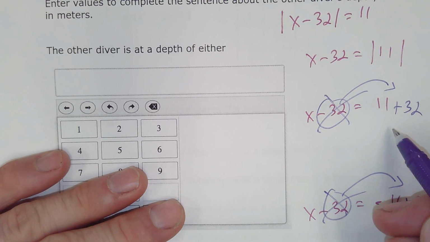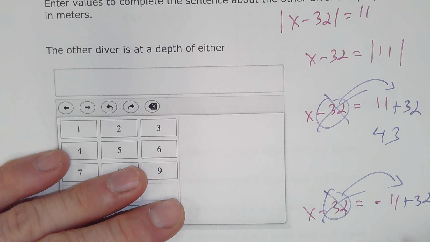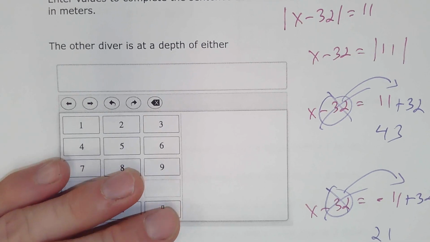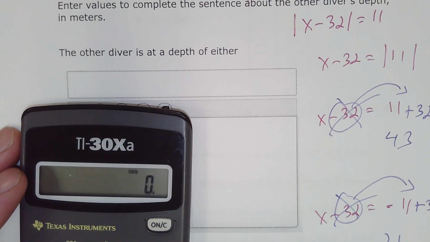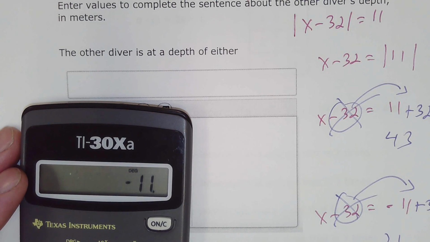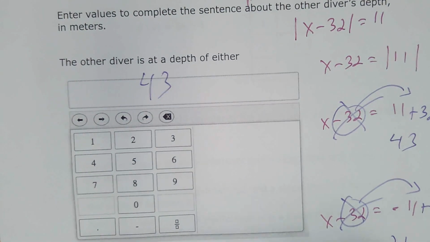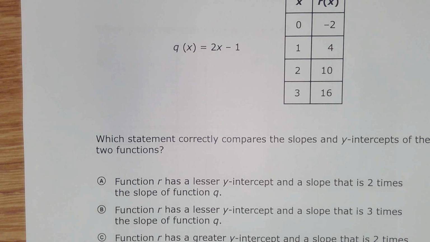So this is going to be 11 plus 32, which is 43, and negative 11 plus 32, which is 21. Yep, so 43 feet and 21 feet, and that's how far they are away from each other.